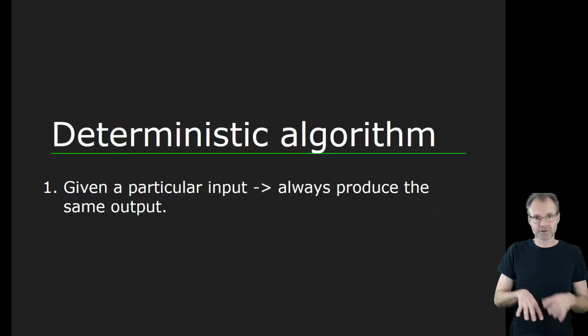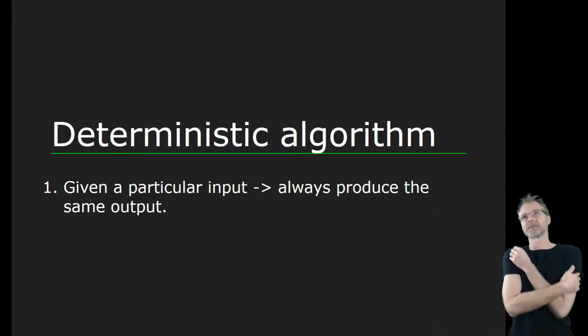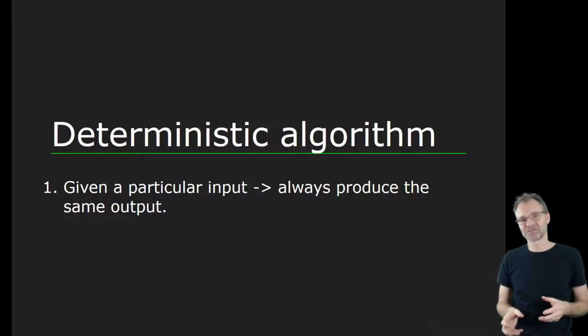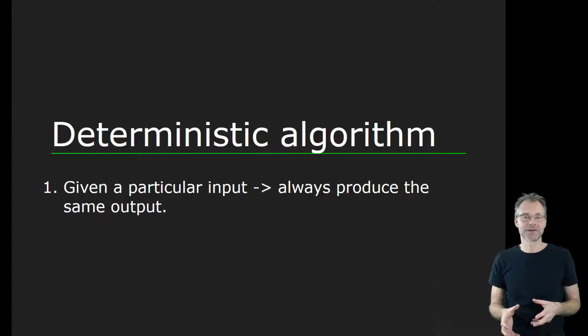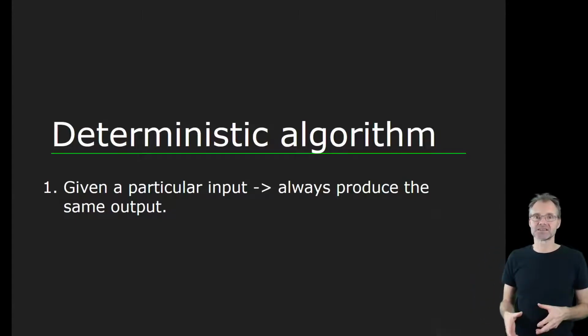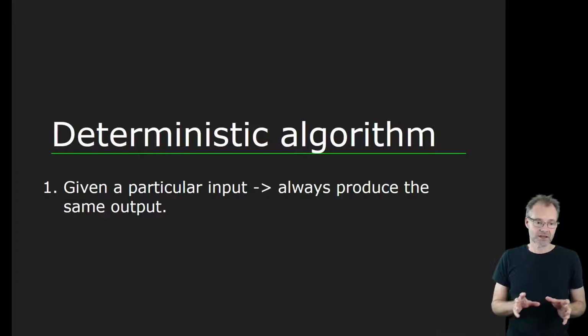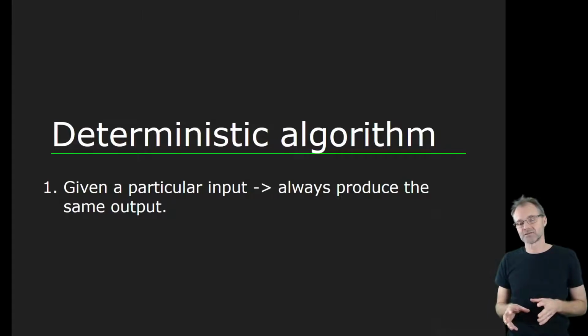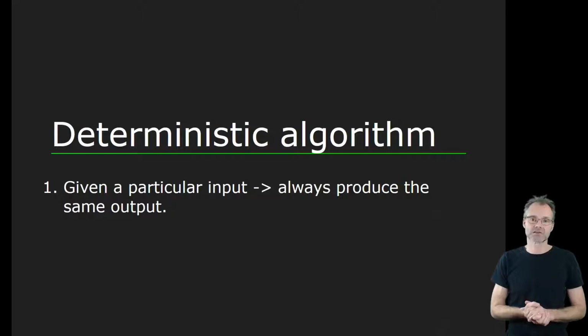Another term on the same subject here is a deterministic algorithm. And yes, it's also easier to test a deterministic algorithm than a non-deterministic algorithm. So if it's deterministic, given a particular input, so sending a set of arguments to a function, it will always produce the same result.